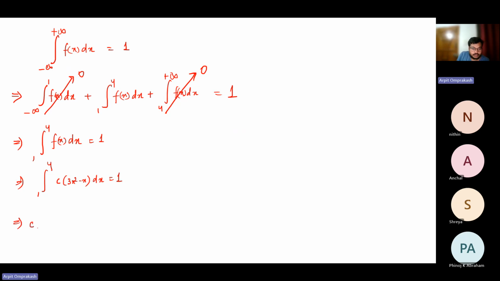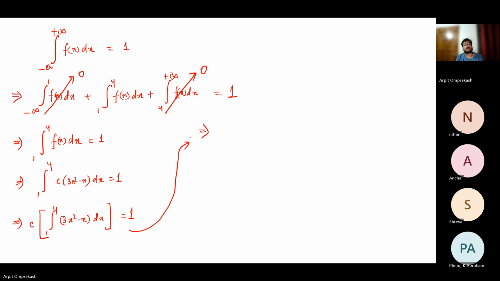We can take the constant outside. So what we'll have here is, integral of 3x squared will be equal to 3x cubed by 3.